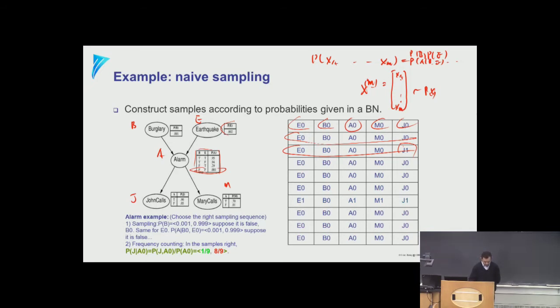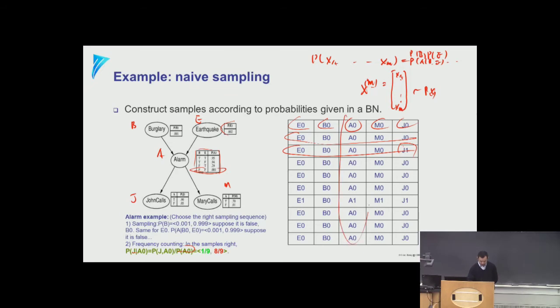Say I want to do a query: what's the probability that John makes a call or not, given that the alarm is not going off? How do you typically do this query? Well, first of all, you check those samples where the condition is met.